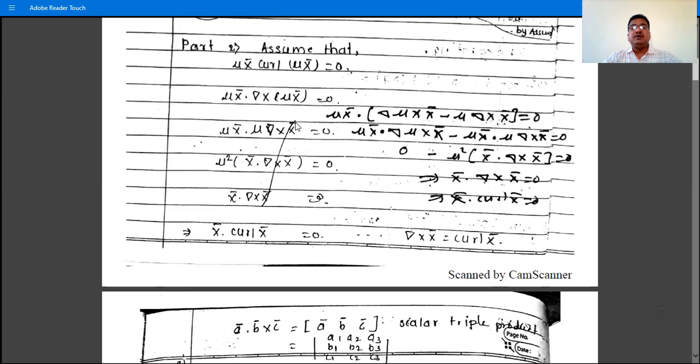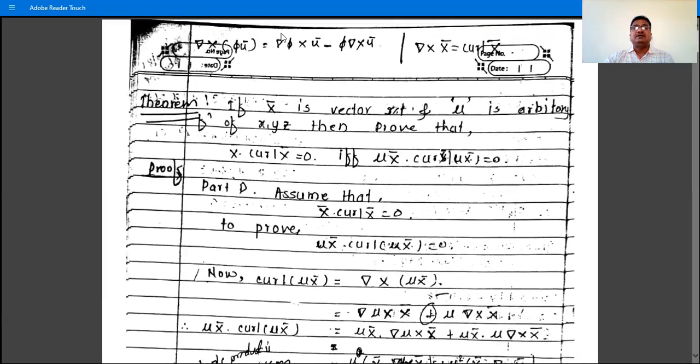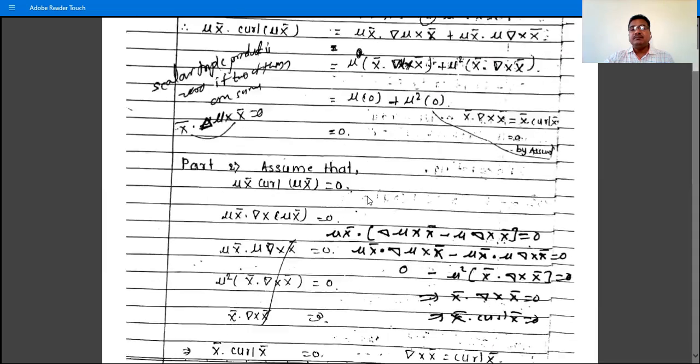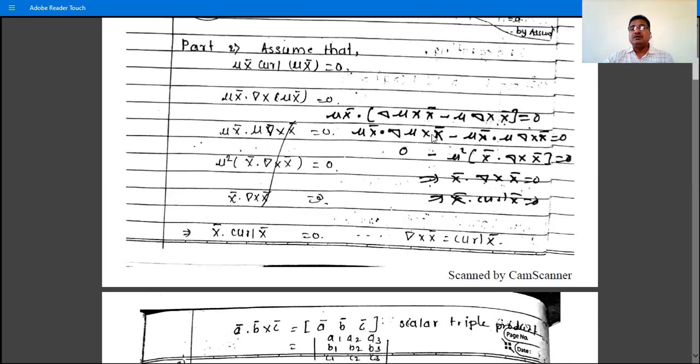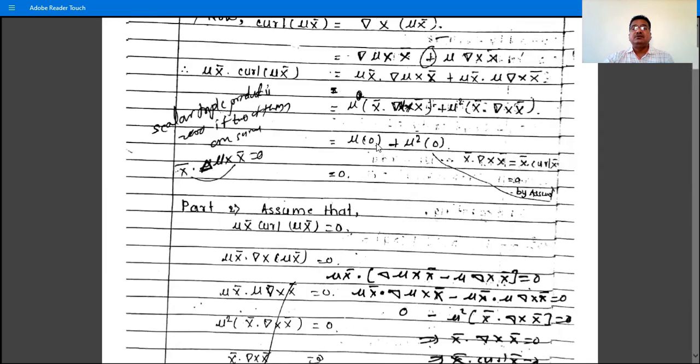Del cross mu x bar. So the rule is del cross phi u bar, which gives del mu cross x bar plus mu del cross x bar.